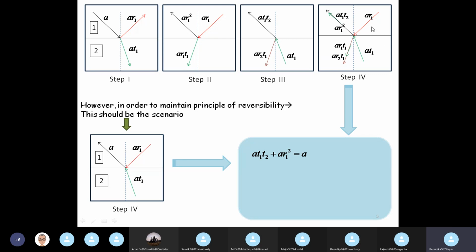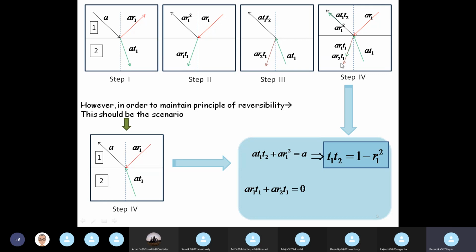Comparing this picture of step 4 and this picture, which should be the actual picture pertaining to the principle of reversibility, we must have the total amplitude AT1 T2 plus AR1 square equal to A here, and so that will give us T1 T2 equal to 1 minus R1 square, and the second ray AR1 T1 plus AR2 T1 should add up to 0.